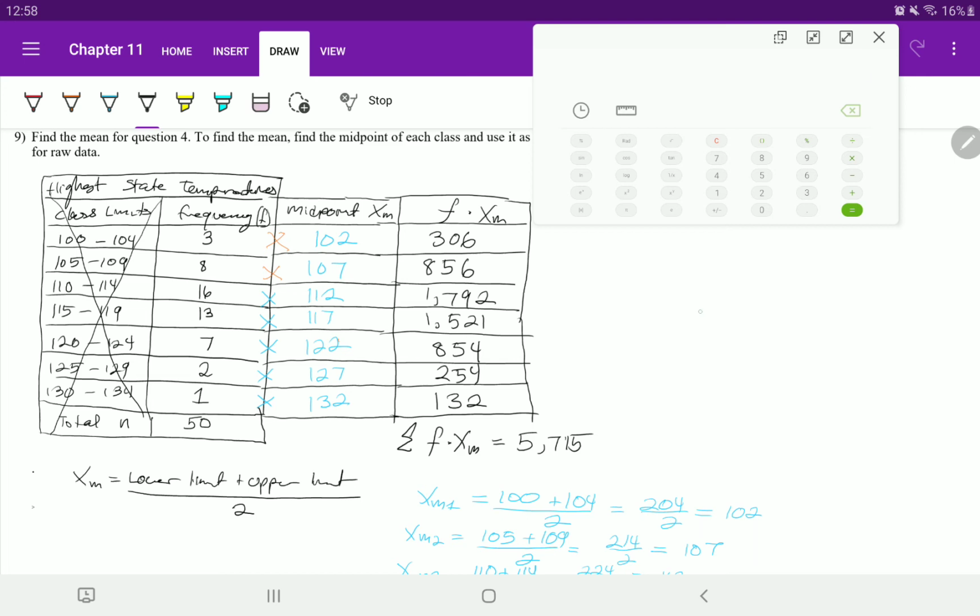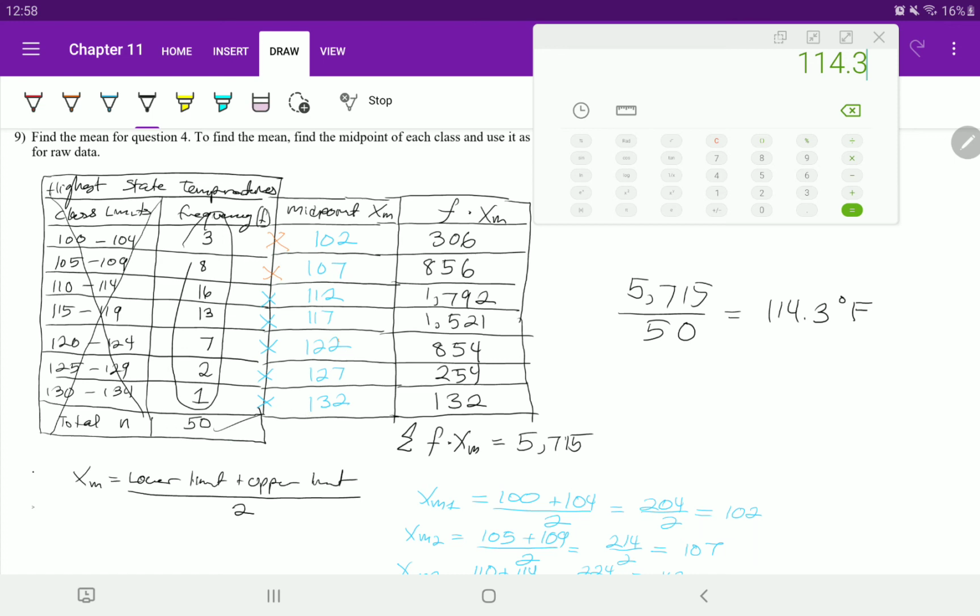Our last step is we're going to take the sum of all our values and divide it by our total frequency. And the total frequency in this case is going to be 50, because if I add up all those values, I get a total of 50. So take the 5,715 divided by 50, and that equals 114.3 degrees Fahrenheit.